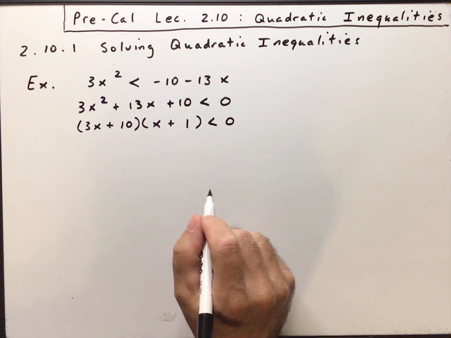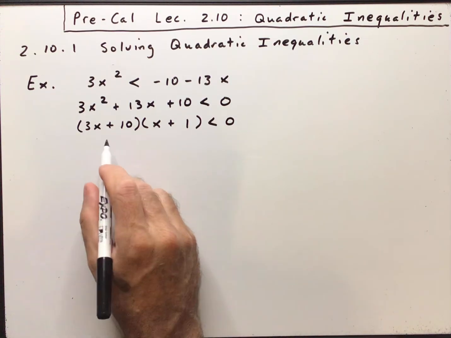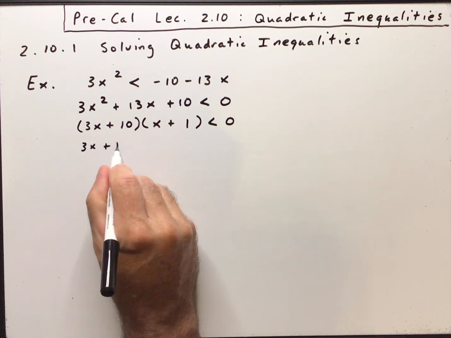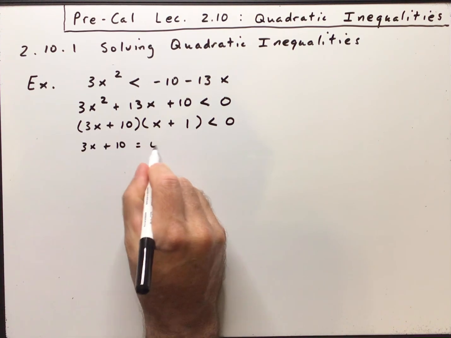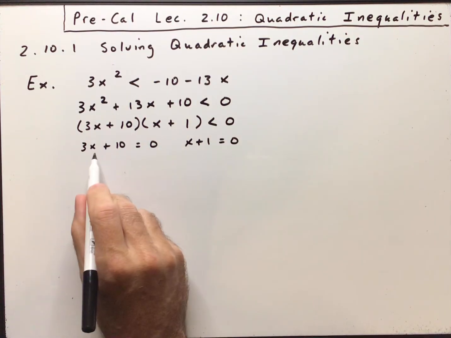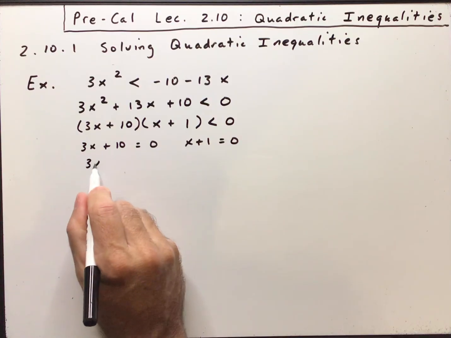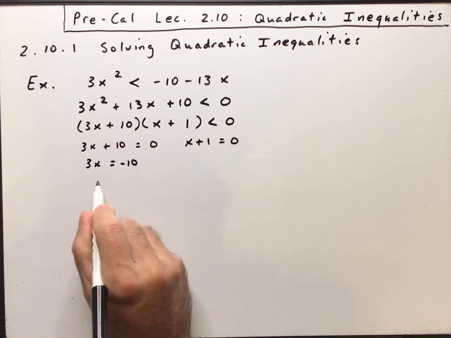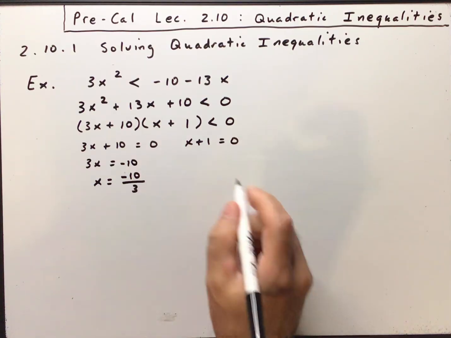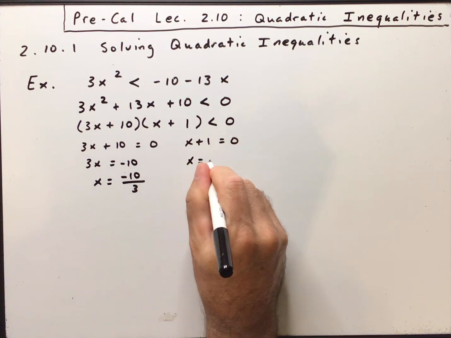Okay, so now we've got to figure out the critical points. So we know 3x plus 10, we have to set that equal to 0, x plus 1 equal to 0. 3x equals -10, so x is equal to -10/3. That's one critical point. And then x is equal to -1.